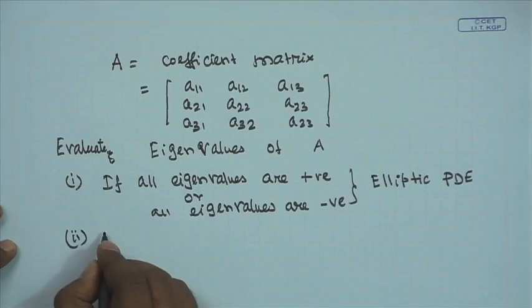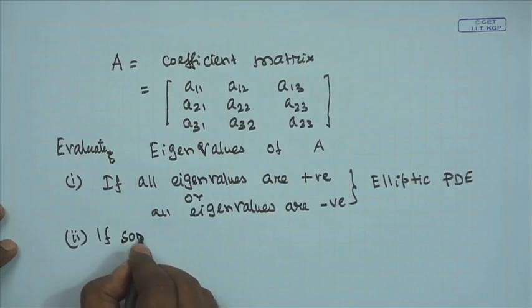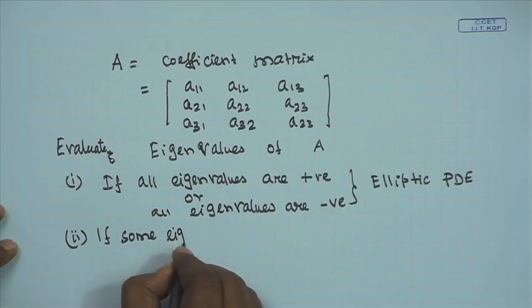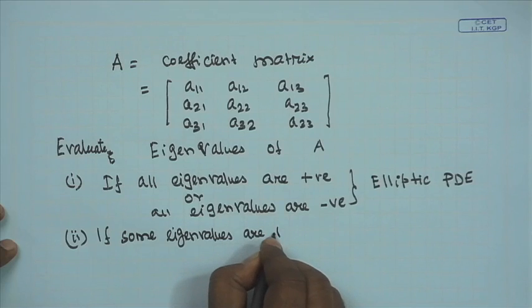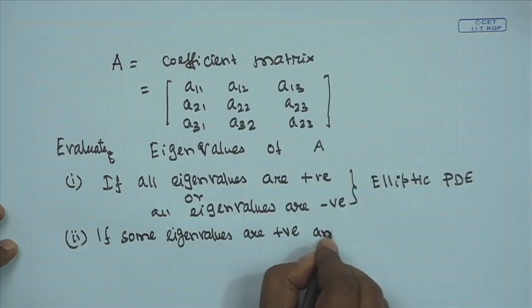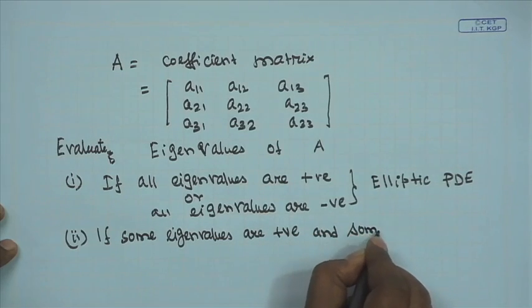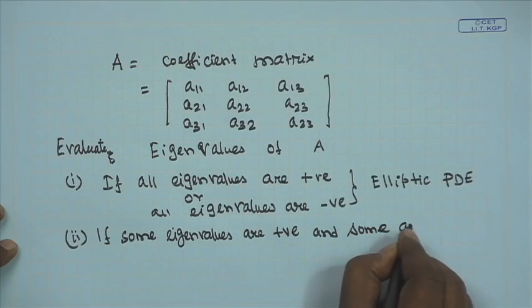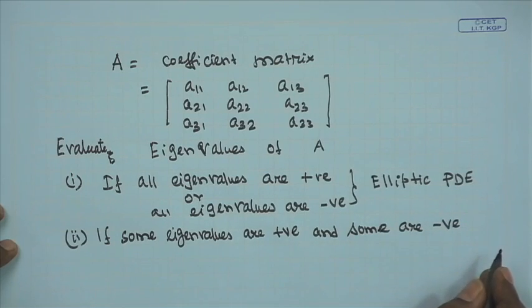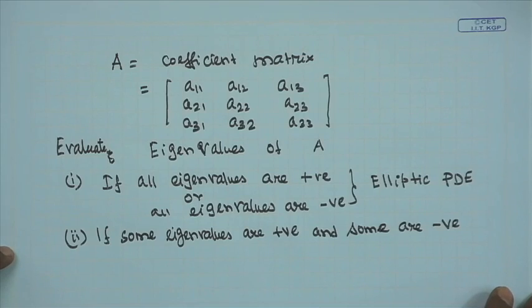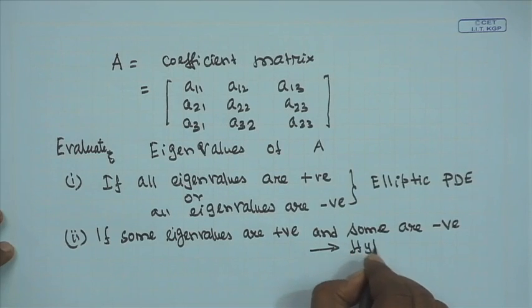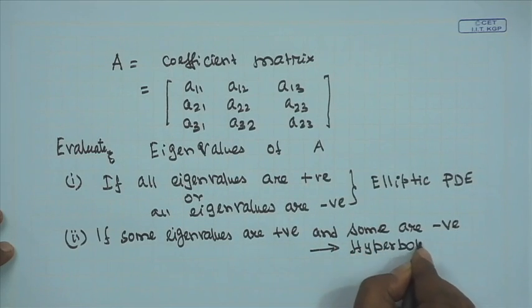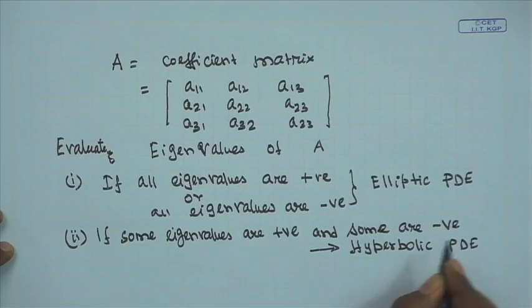If some eigenvalues are positive and some are negative, that means the eigenvalues are some mixture of positive and negative numbers, then this is known as the hyperbolic partial differential equation.